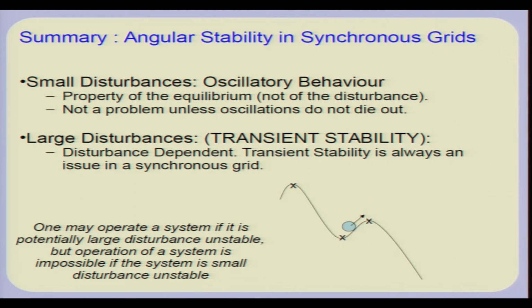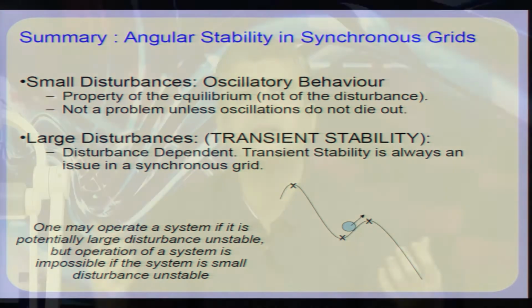If you give large disturbances, which is also called transient instability, this can actually cause transmission lines to lose their ability to pull the synchronous machines back into synchronism, because the power flow versus the phase angular difference characteristic is non-linear. Now, interestingly, you can operate a system if it is potentially large disturbance unstable, because that depends on whether a disturbance will occur or not.